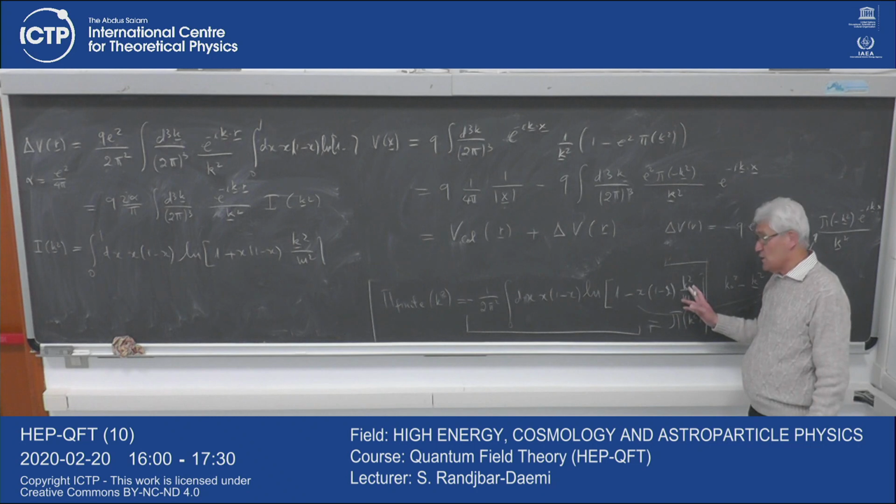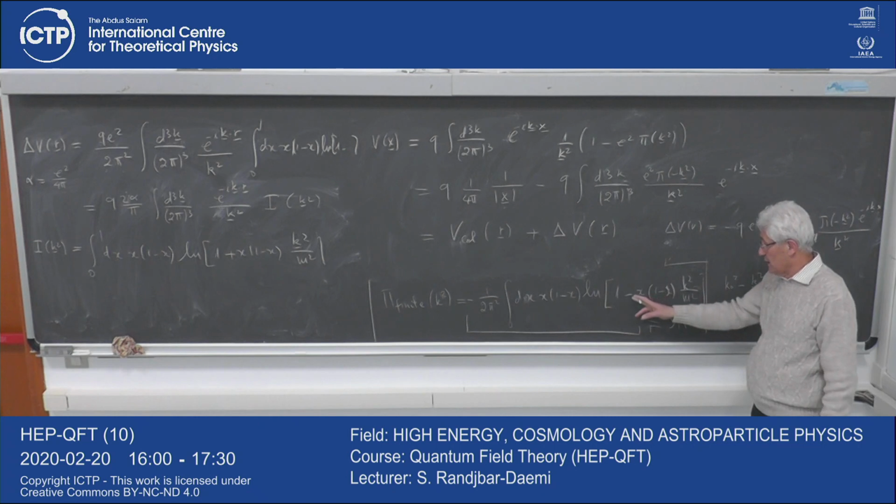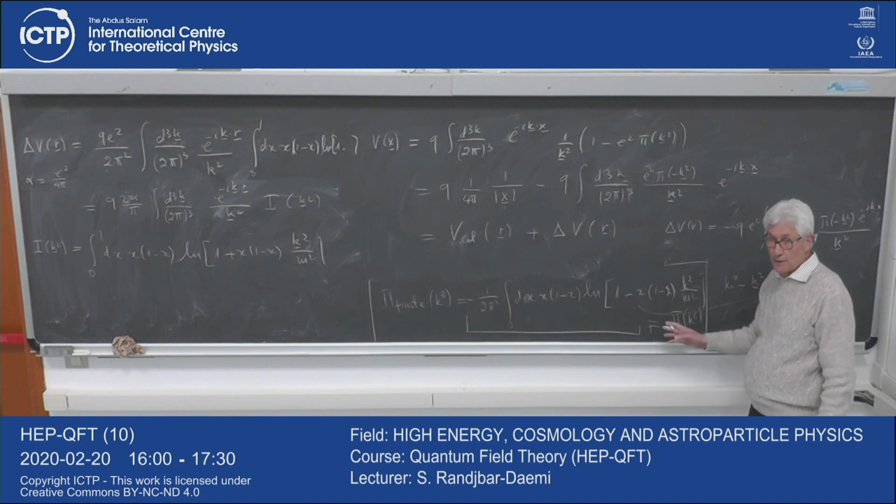But k could be time-like, and k squared in that case is positive. If it is positive and large enough, its negative can overtake 1, and the argument of the logarithm becomes negative, and therefore it develops an imaginary part.